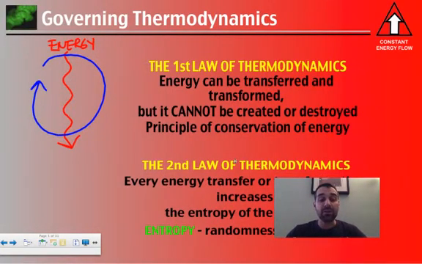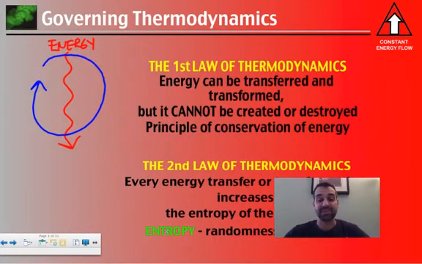Sadly, our little cellular engines are inefficient at this transfer, and we will always lose some energy back out to the environment, hence the one-way flow, and that energy is typically going to be released as heat or more kinetic energy. Every energy transfer or transformation increases this entropy or randomness in the universe.